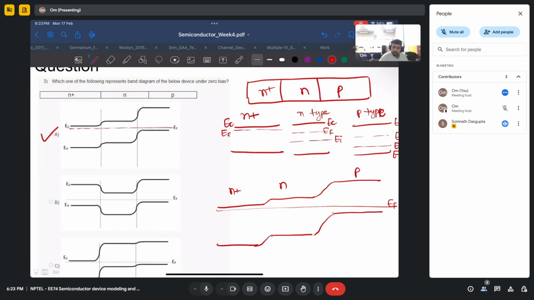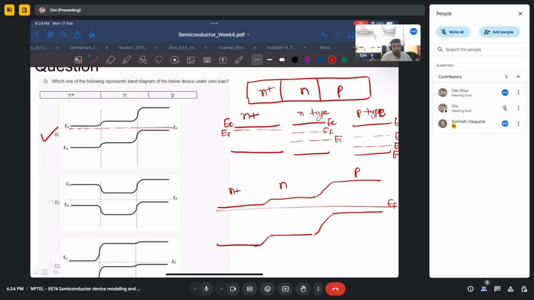Sir, in case of N-type, the conduction band is near the Fermi level, and in case of P-type, the valence band is near the Fermi level. Yes. So what the Fermi level tells you is the probability of finding electrons, right? So in N-type, there is higher probability of finding electrons in the conduction band, whereas in P-type, we do not find electrons in the conduction band.